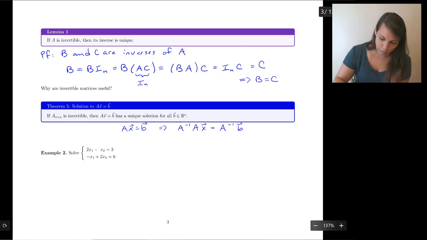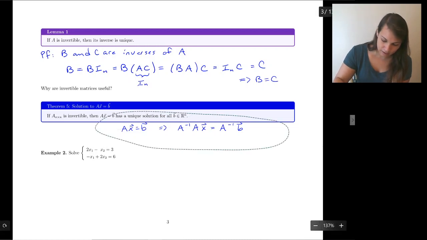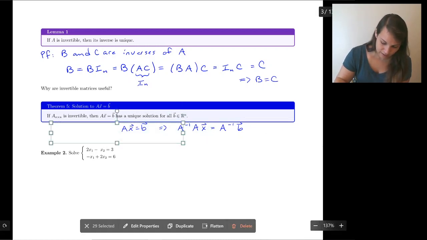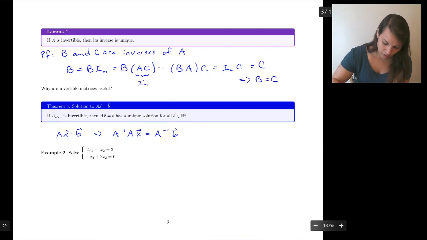But then what we've got is the identity matrix on the left-hand side. So I_n X equals A inverse B. So then X equals A inverse B.